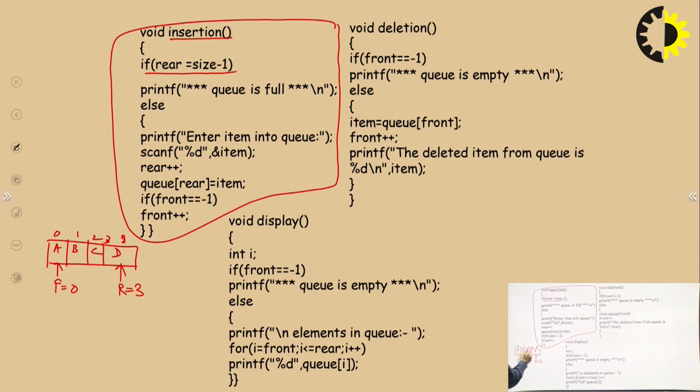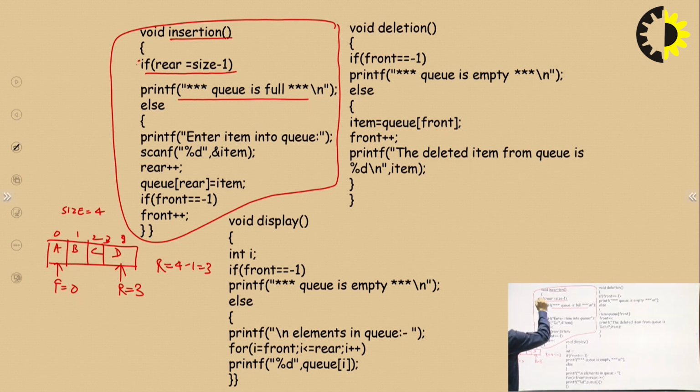Now here all the positions are occupied, and in that case rear equals size minus 1. So here size will be taken as 4, then rear equals size 4 minus 1 equals 3. That means there is no position, no location to insert a new element. In that case, simply we have to print this message, that is queue is full. No more element can be added at that time.